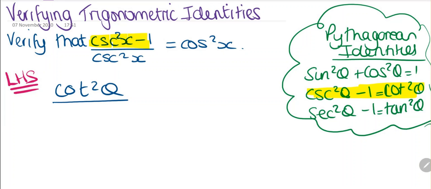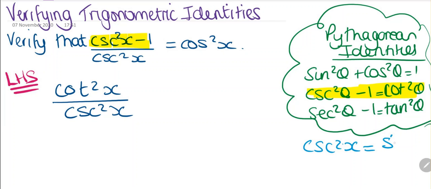So I'm going to leave cosecant as it is for a second. Actually, let's change this to x as we're looking at x in the question. Well, I know that 1 over cosecant squared is equal to sine squared of x, as we're using x.